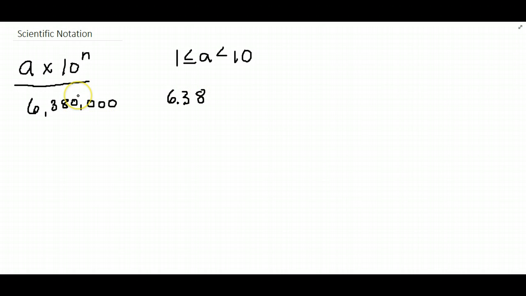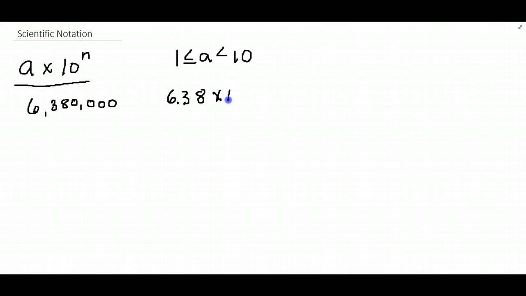And the rest of what we have are zeros. Because this 6.38 falls in the rule that A has to be greater than or equal to 1 and less than 10. And we want to make sure that we have all of our numbers in there after the decimal point too, so we know exactly what number we're using. So we don't want to just put 6, because that leaves out the 380,000. So now obviously the number is not 6.38, so we need to multiply this.